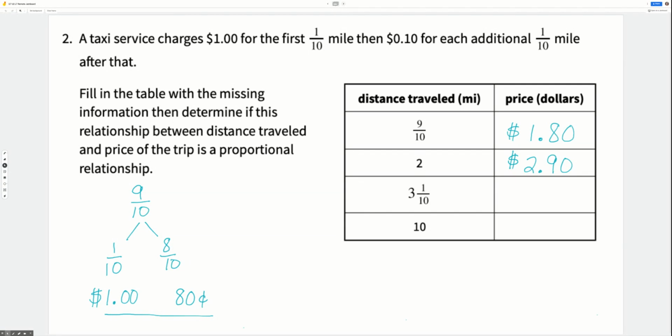I'm going to take a moment and erase one of these. And let's take a look at 3 1/10. Now it's pretty easy. We take 1/10 right out for our first $1. We have 3 wholes left over. And I know that there's 10 tenths in 1 whole, 20 tenths in 2 wholes, and 30 tenths in 3 wholes.